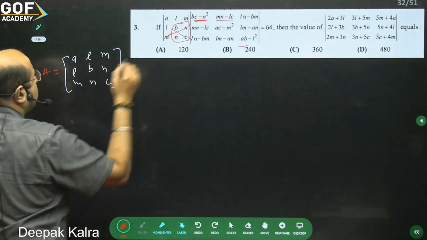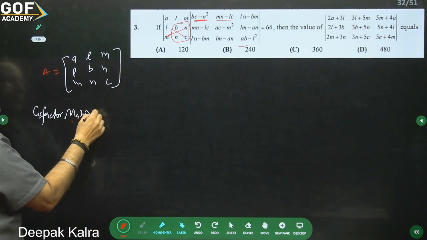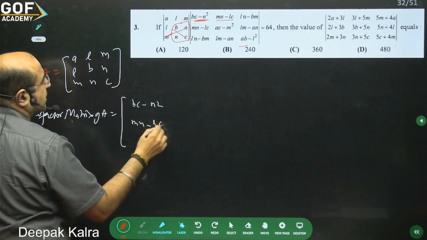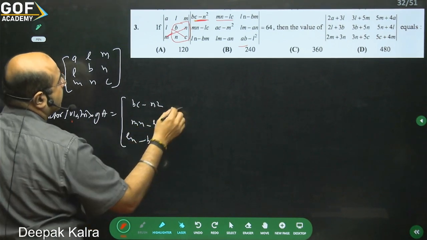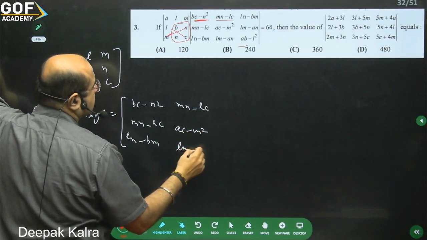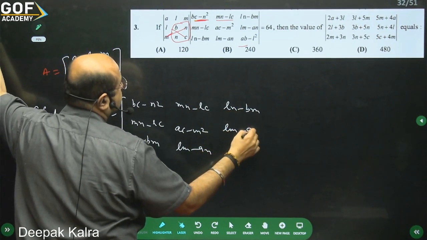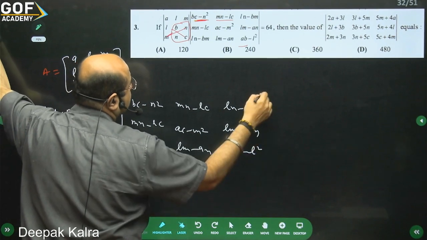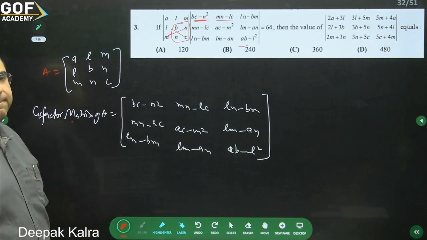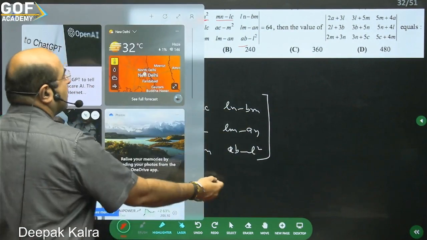Then this will be my cofactor matrix of A. BC minus N square, MN minus LC, LN minus BM, MN minus LC, AC minus M square, LM minus AN, AB minus L square. Clear?